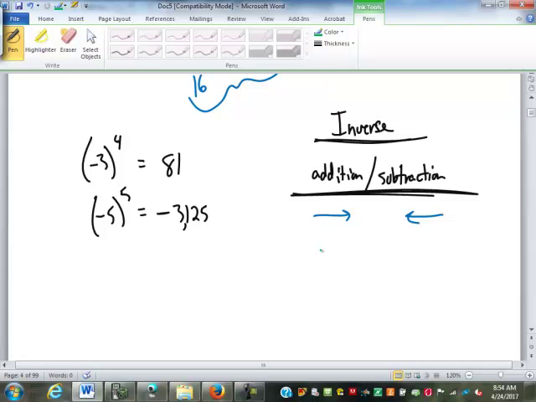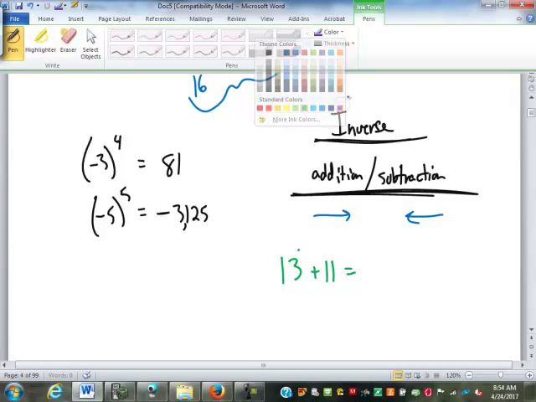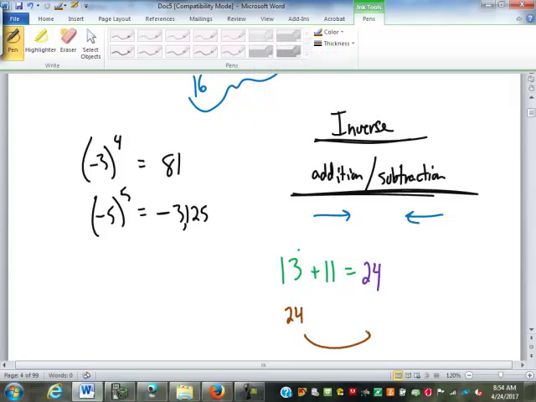Somebody give me a random number between 10 and 20. What was that? 13. Perfect. Somebody give me a different number between 10 and 20. What's that? 11. Perfect. If I take 13 and I add 11 to it, I get 24. Well, what do I do if I want to take that 24 and get back to 13?